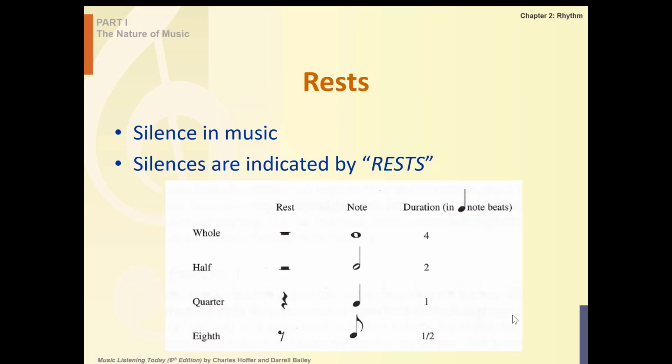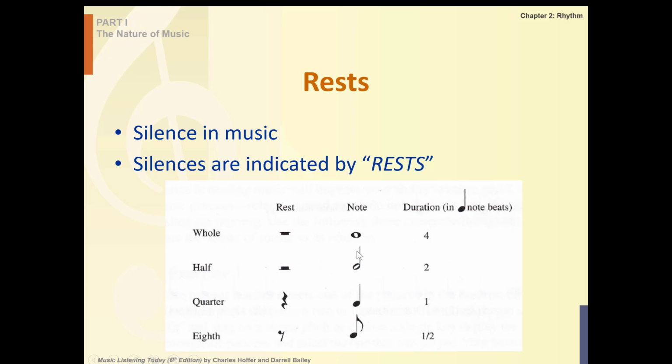Now we will learn rests. So rests are silence in music. Of course, rests in music should still keep the beat, the steady beat. For the quarter rest, a rest for the quarter note value, we write a kind of strange 3.